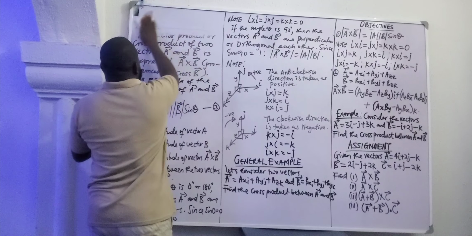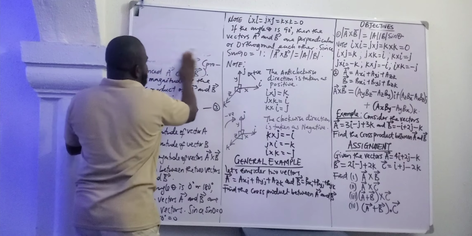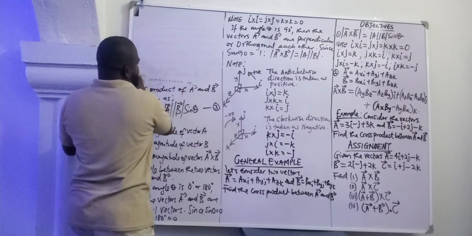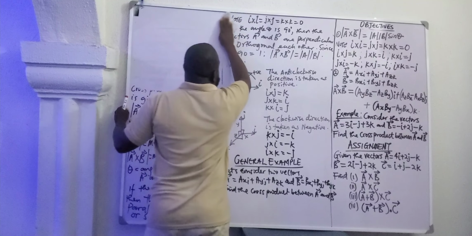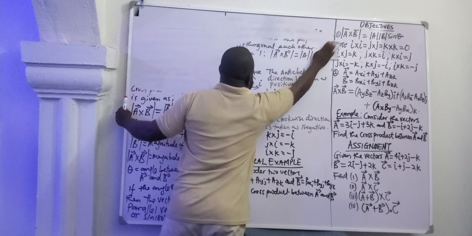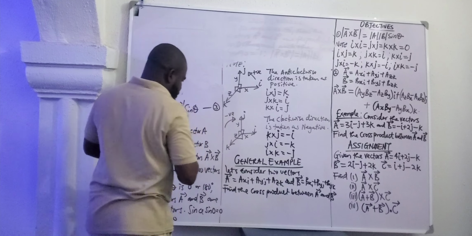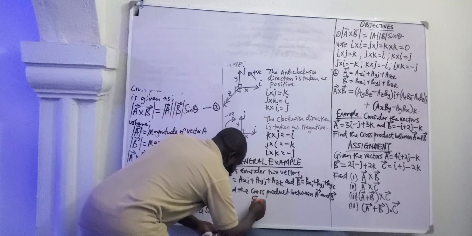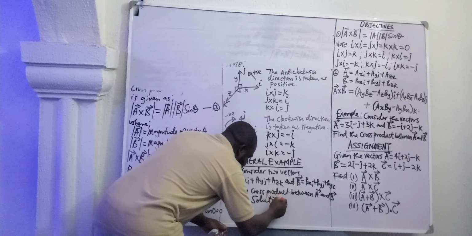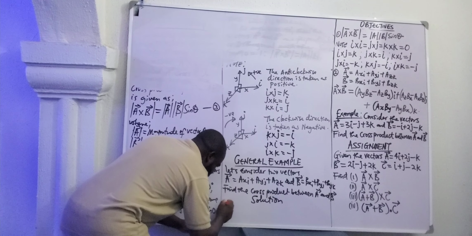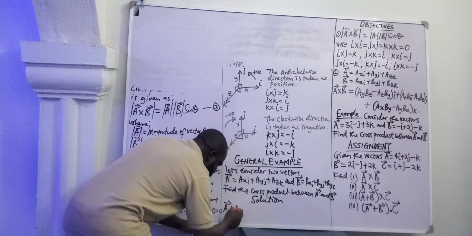To do that, we say vector A cross B will give us, so solution to the example, we have A cross B.